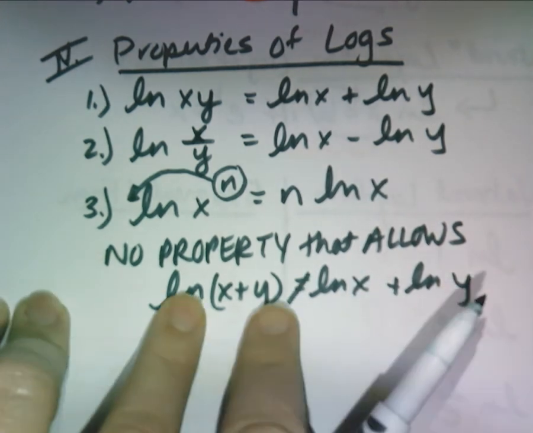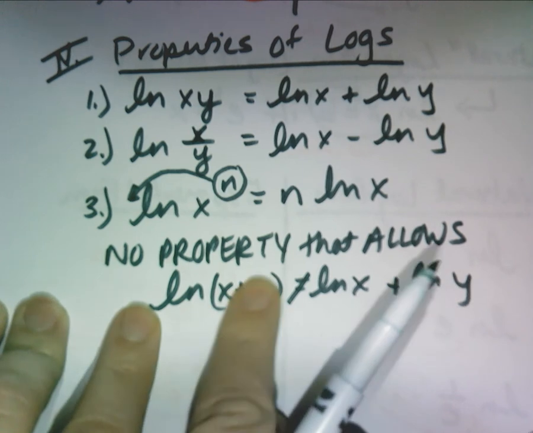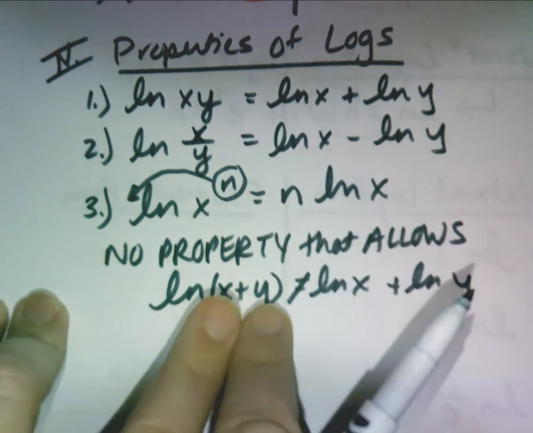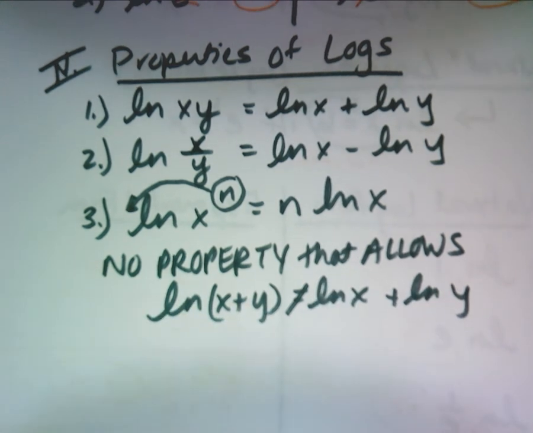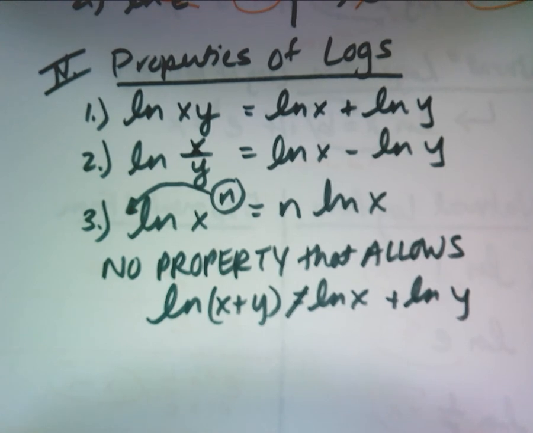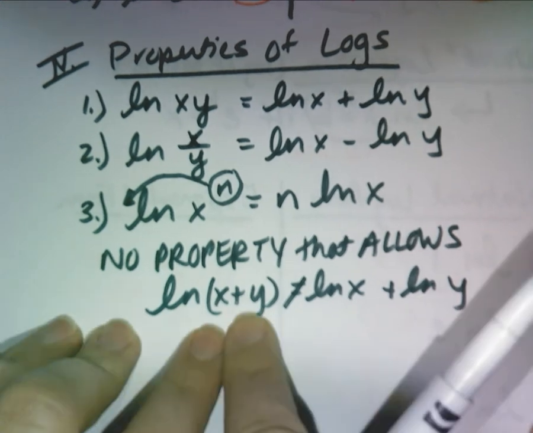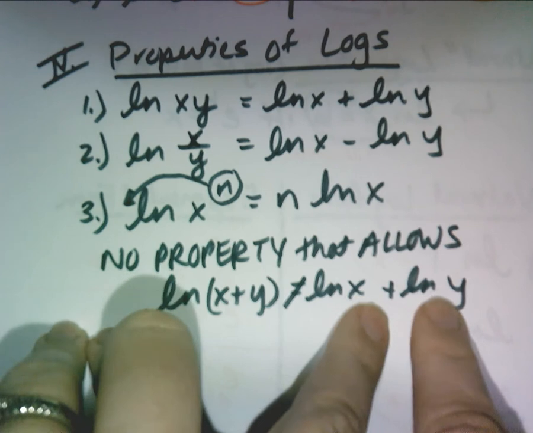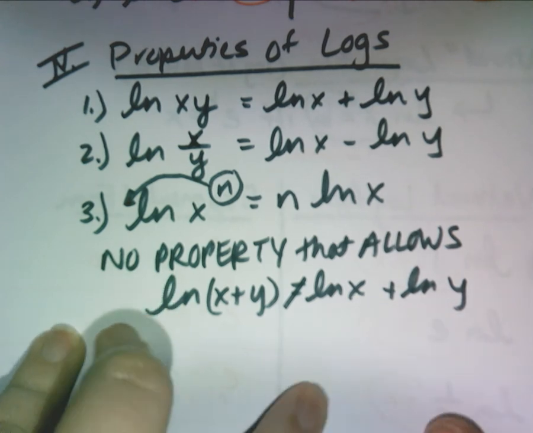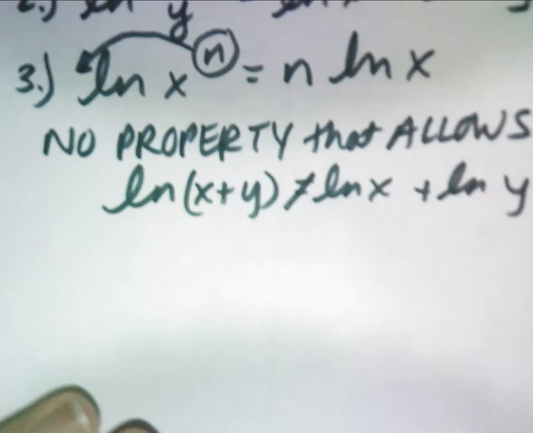You cannot separate if you're adding inside of a log. You can only separate when you're multiplying or dividing. That's it. So don't think these are the same. No, they're not. This actually means multiply. It's not the same. You with me? I just want to make sure, because I still have people do it. I'm like, what are you doing?